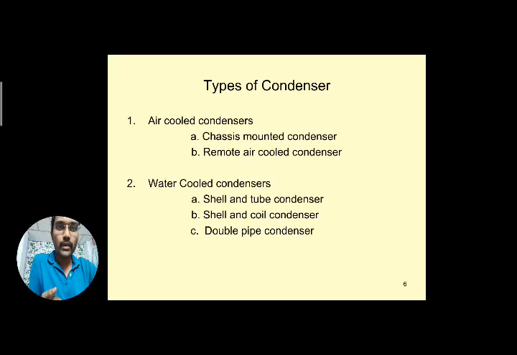Right. And coming to the water cooled condensers, how to identify them? First, the air cooled condensers, for example chassis mounted or remote air cooled condensers. You can see there is a condenser component along with a small fan provided for the forced air cooled medium, for the forced type.